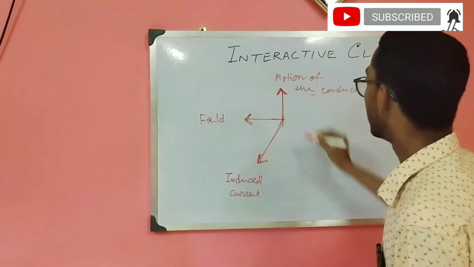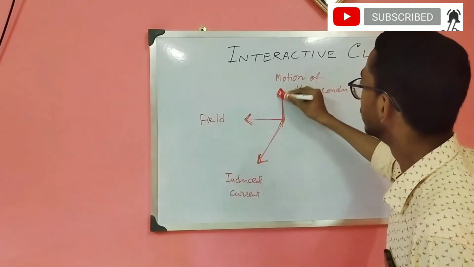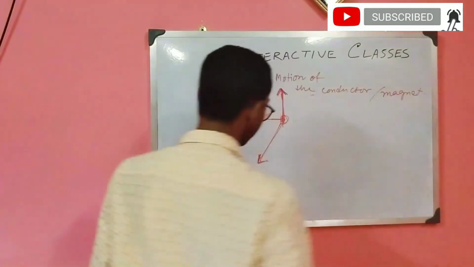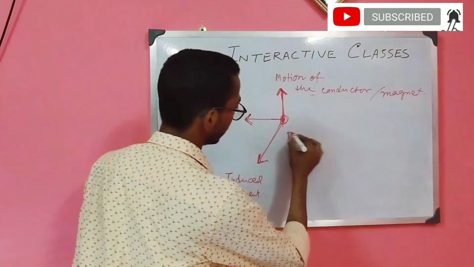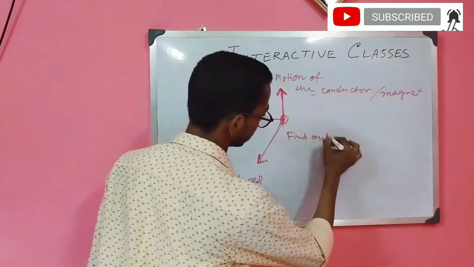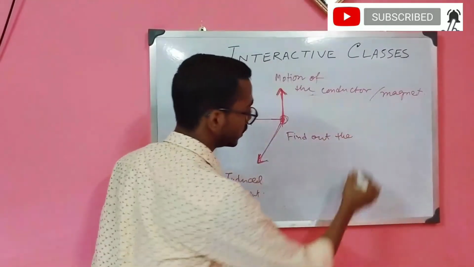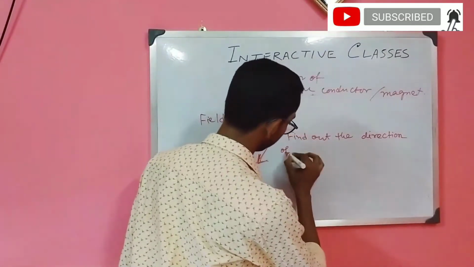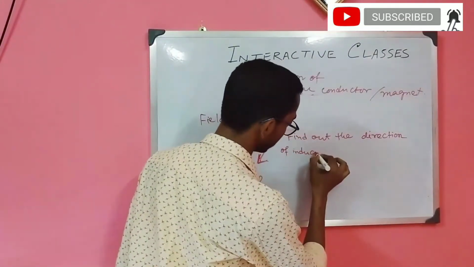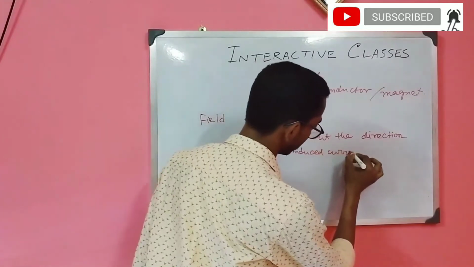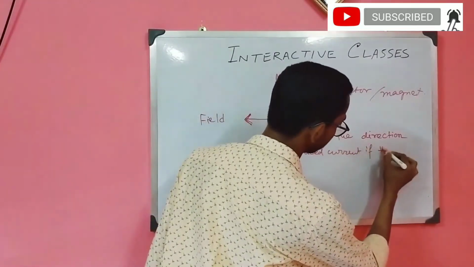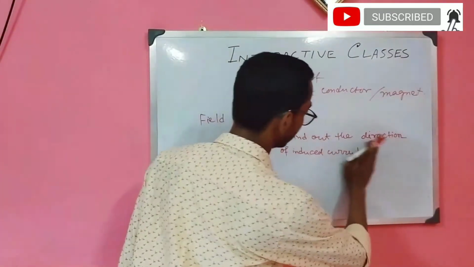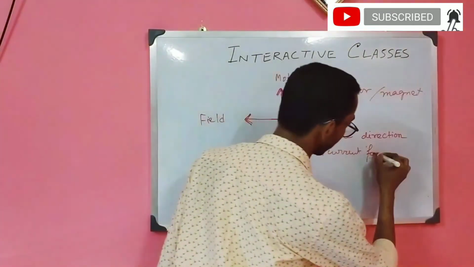So the basic usefulness of this property is, if a question comes like this, find out the direction of the induced current from the figure.